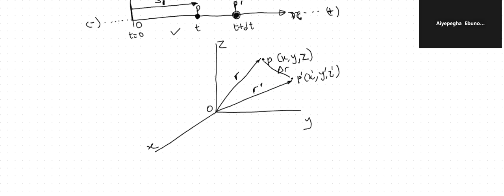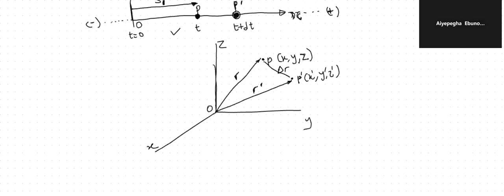Now, you know that this particle has unit vectors along the x, y, and z coordinates. The unit vector along the z coordinate is zk.